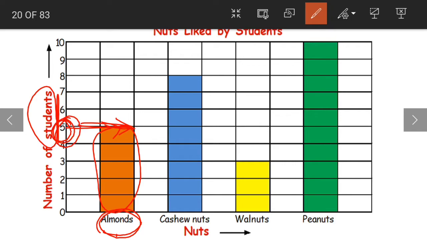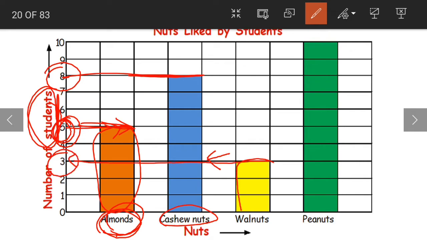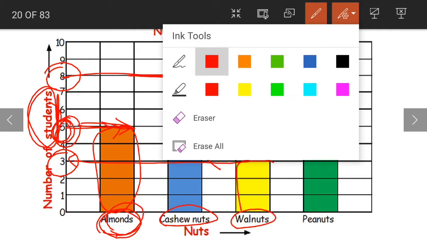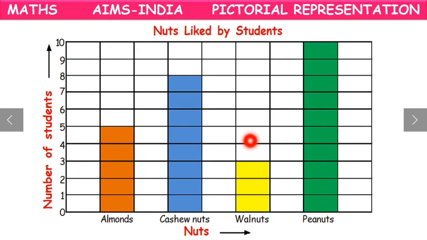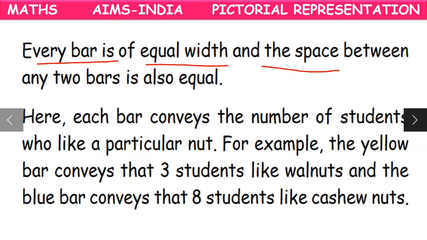Almonds. 5 students like almonds. Now what does the blue bar tell us? Here. So 8. 8 students like cashew nuts. What does the yellow bar tell us? Here. 3 students like walnuts. So like this, each colored bar gives us different pieces of information.